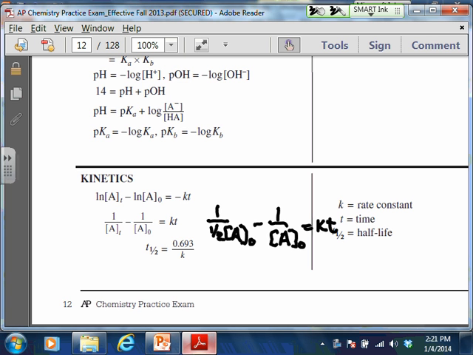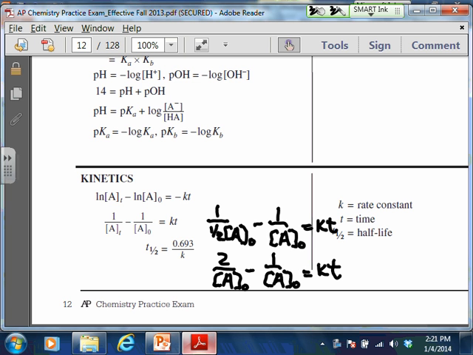This time we won't plug in actual numbers. If I rearrange the first term, I end up with 2 over A0 minus 1 over A0 is equal to kt. Okay?